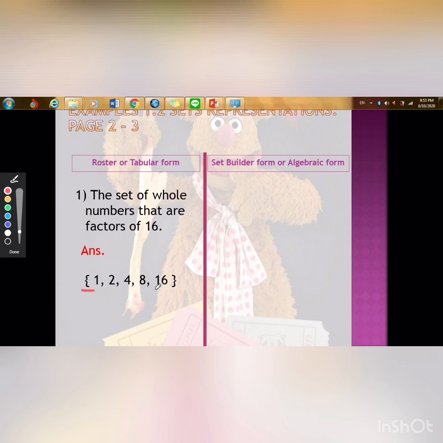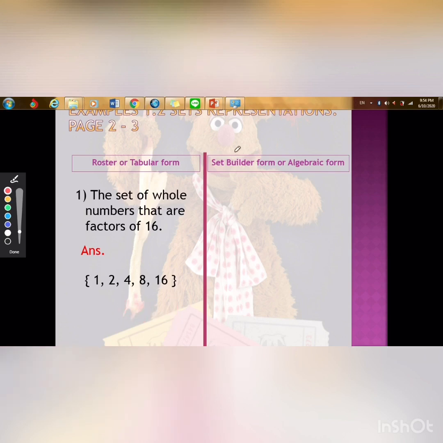We have the braces, the closed braces, and then we write the elements: 1, comma, 2, comma, 4, comma, 8, comma, 16. You can also write this as 16, 8, 4, 2, 1. It doesn't matter.